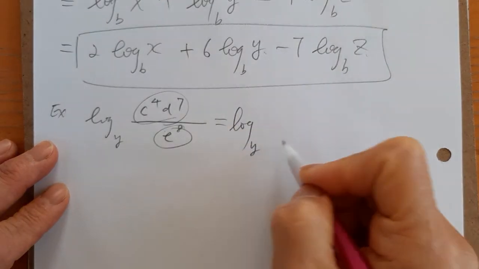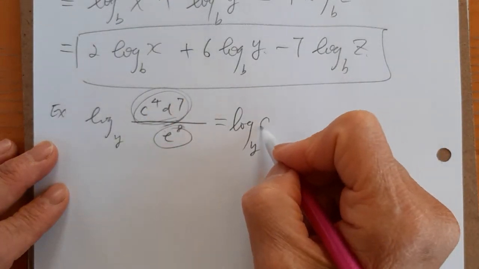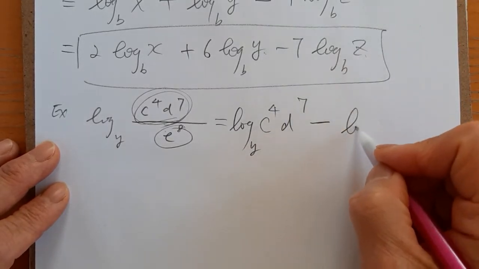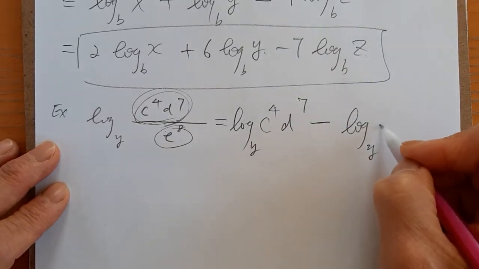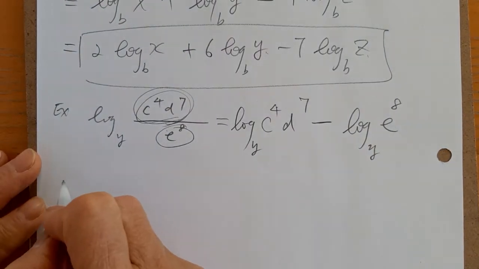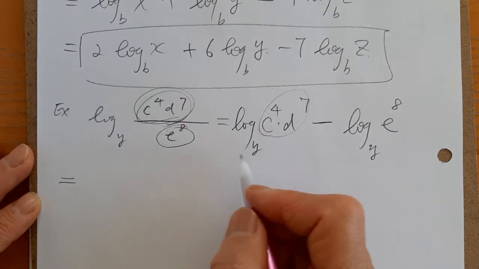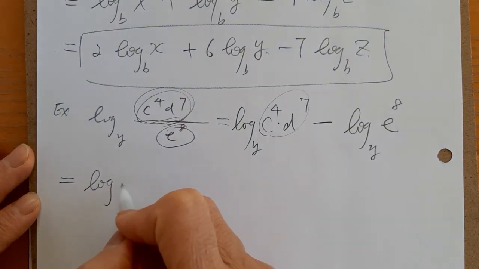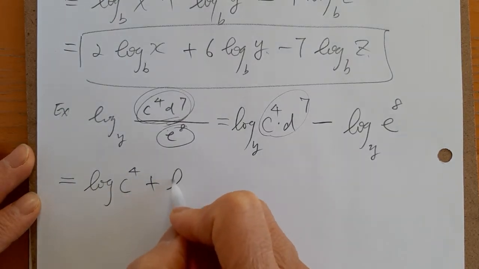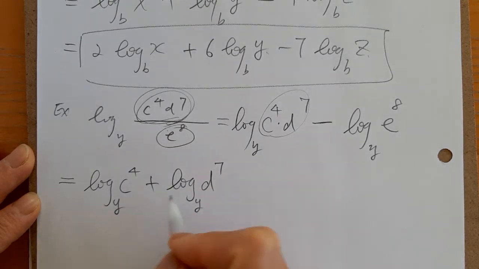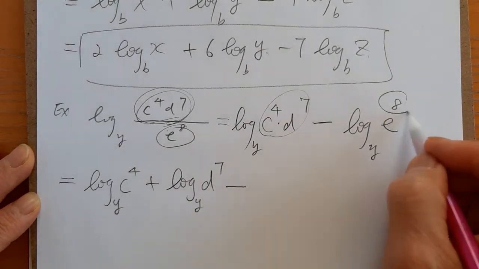Log base y: the numerator c to the power 4, d to the power 7, do subtraction, log base y of e to the power a. Then the numerator is a multiplication, so use the product rule and get log c to the power 4, add log d to the power 7. The base is y. Minus this, use the power rule.